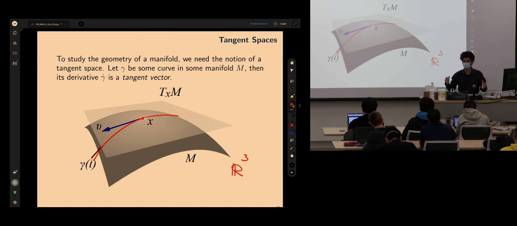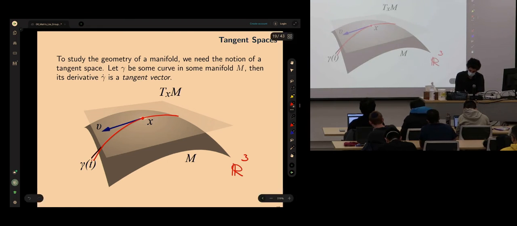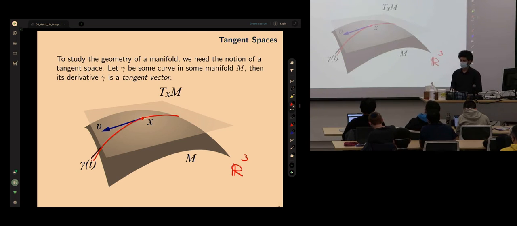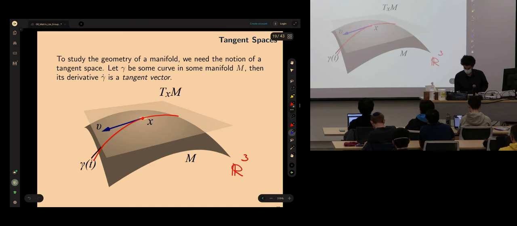It cannot come off because that's where it lives. At a particular point, we can talk about maybe a tangent vector. If you parameterize the curve, you can talk about the derivative, maybe you can talk about velocity. But anyway, you can just attach a bunch of vectors like this.